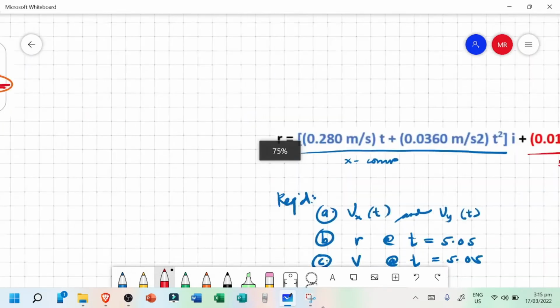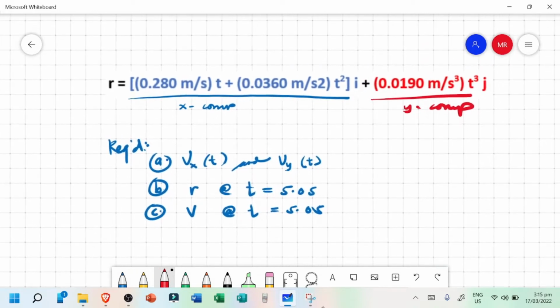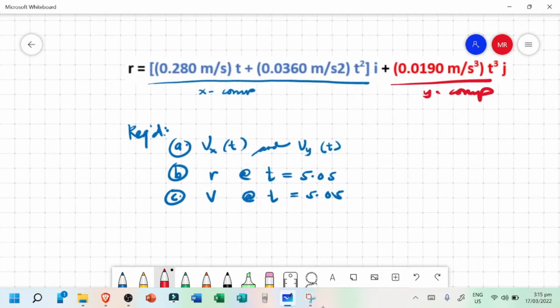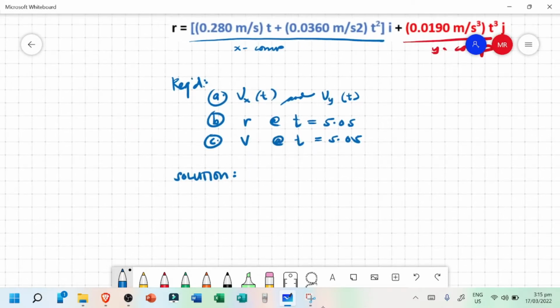So going back to our equation, this is our equation. For us to get the velocity function, we need to apply derivative. So let us try to solve this problem. So v x of t and v y of t. Derive first the x component.